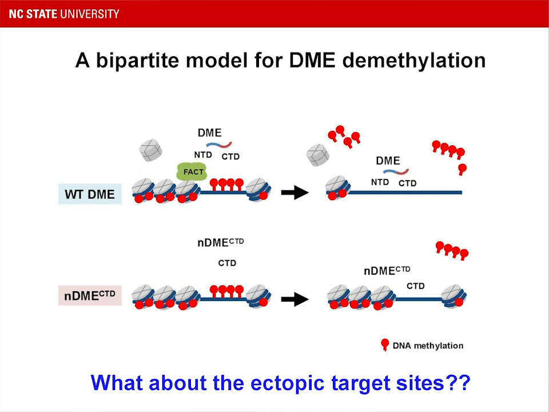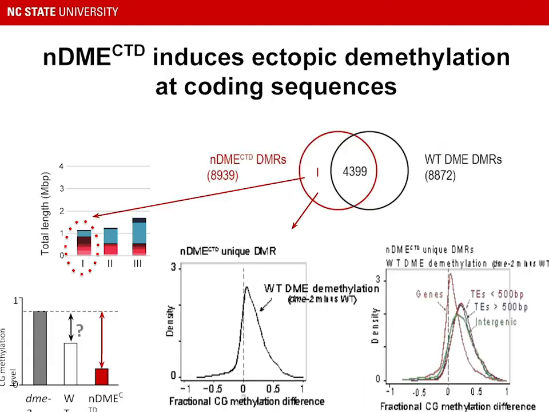What about the ectopic sites that I haven't talked about? Remember that the two target circles don't overlap. So what happened here? Here we know that they are enriched for the euchromatic region. Again, using the kernel density plot, we were asking, these are the target sites for the C-terminal.